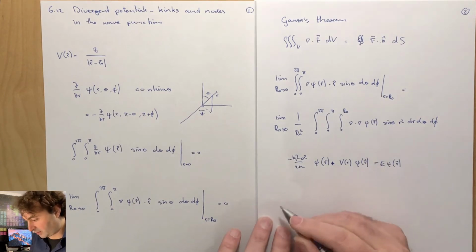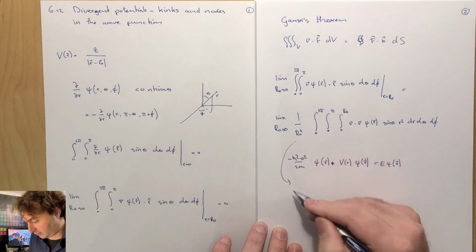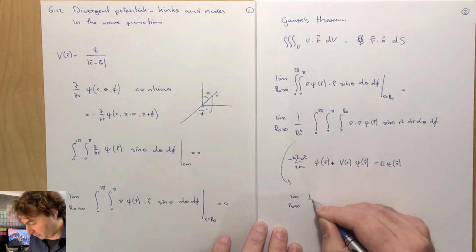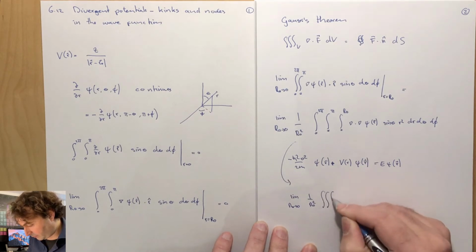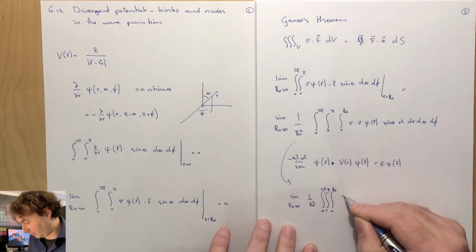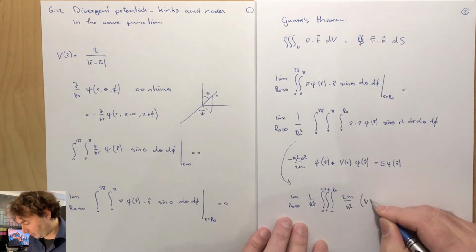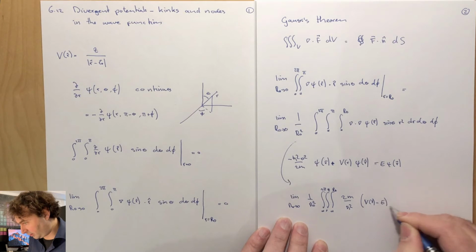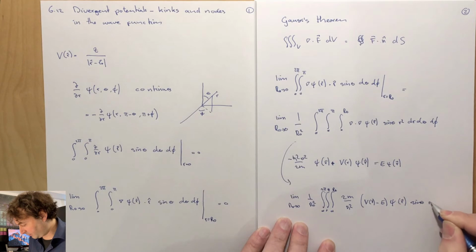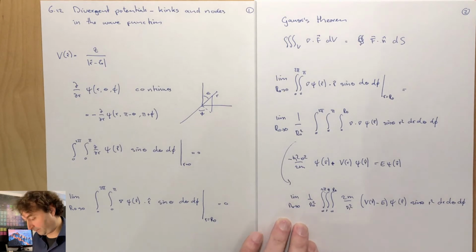If we now insert this, then we find that this is equal to the limit r0 to 0, 1 over r0 square, the triple integral of 2m over h bar squared, the potential minus the energy times the wave function, and then sine theta r square dr d theta d phi.